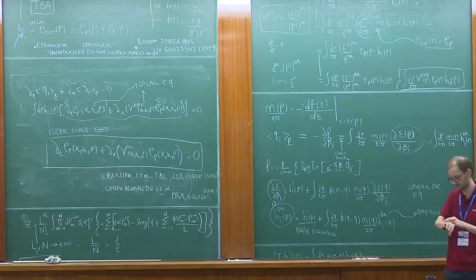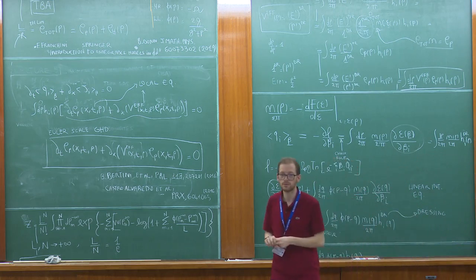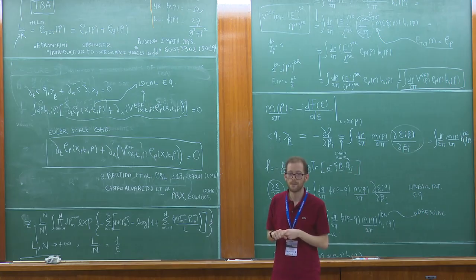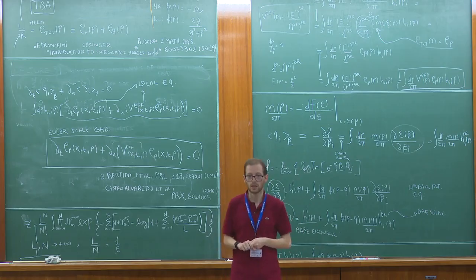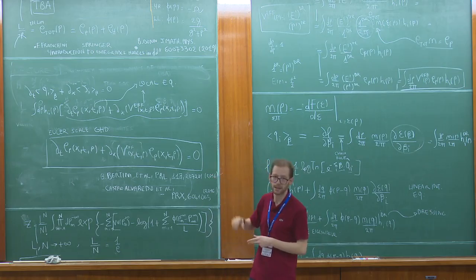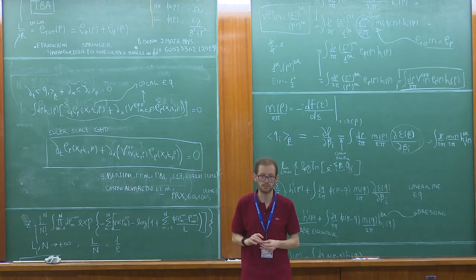Please. To go from the integral equation to the box adaptation, you need the complete set. Exactly. This is a very important point. You need completeness of the charges, and actually you can show that these charges, the h_i of p, satisfy an orthonormality relation with a scalar product properly defined, and therefore they are a complete set.